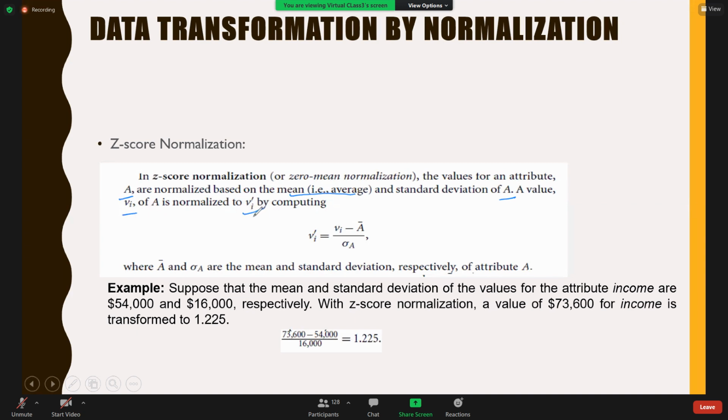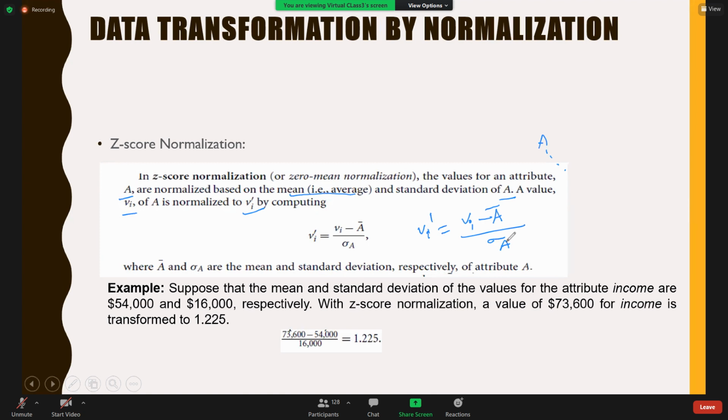So how do we calculate the Z-score? Vi dash is equal to the original input Vi that we need to transform, minus the mean of all the values present in attribute A, that is A bar, divided by the standard deviation, sigma A. So we have to know the mean value and the standard deviation.